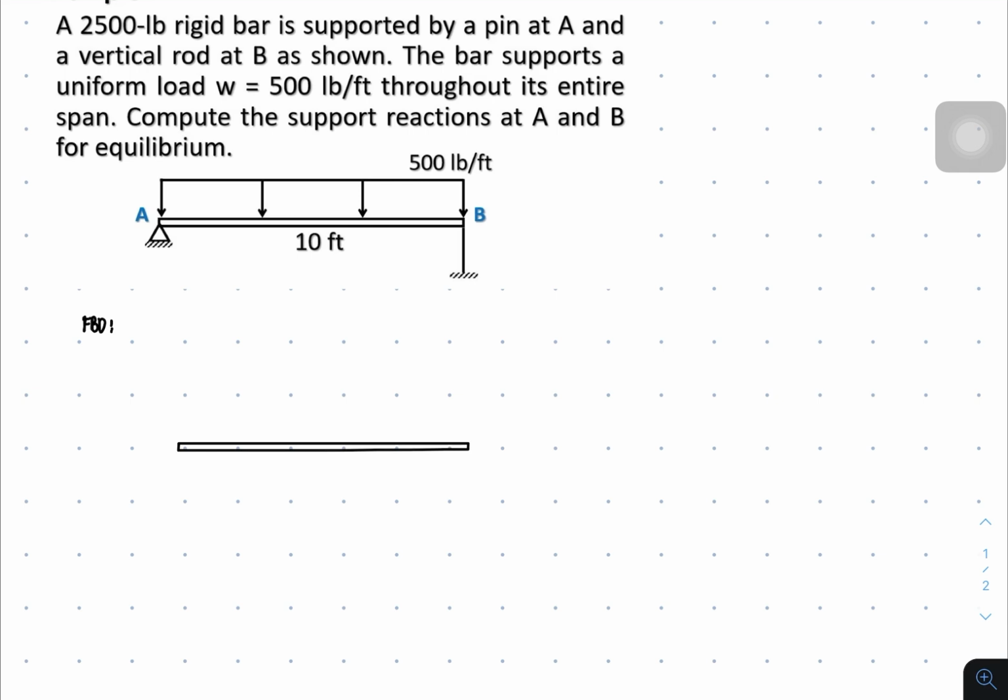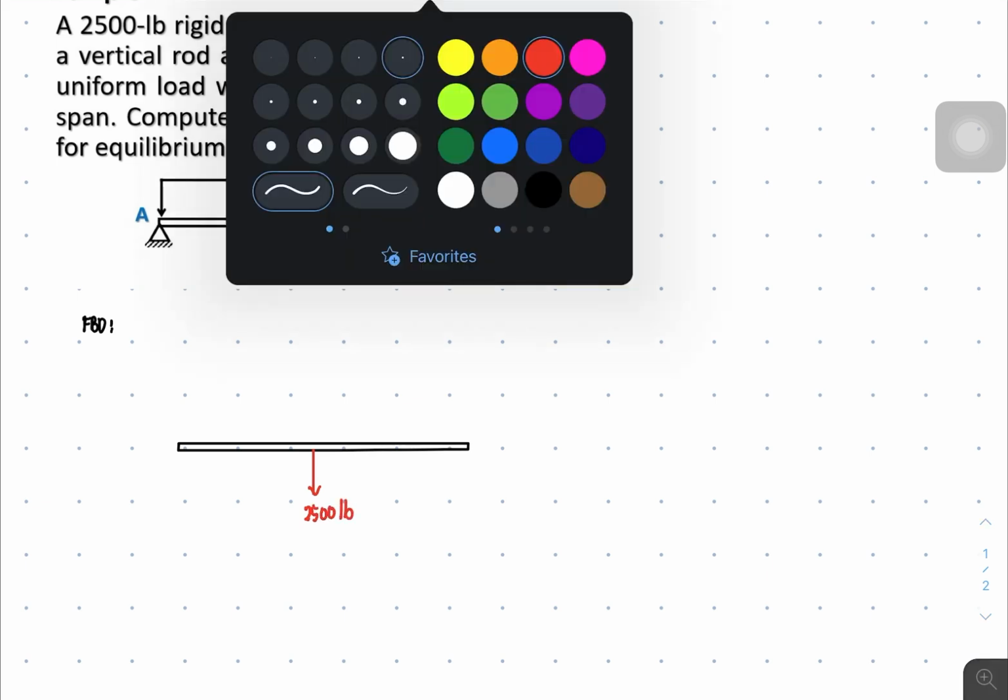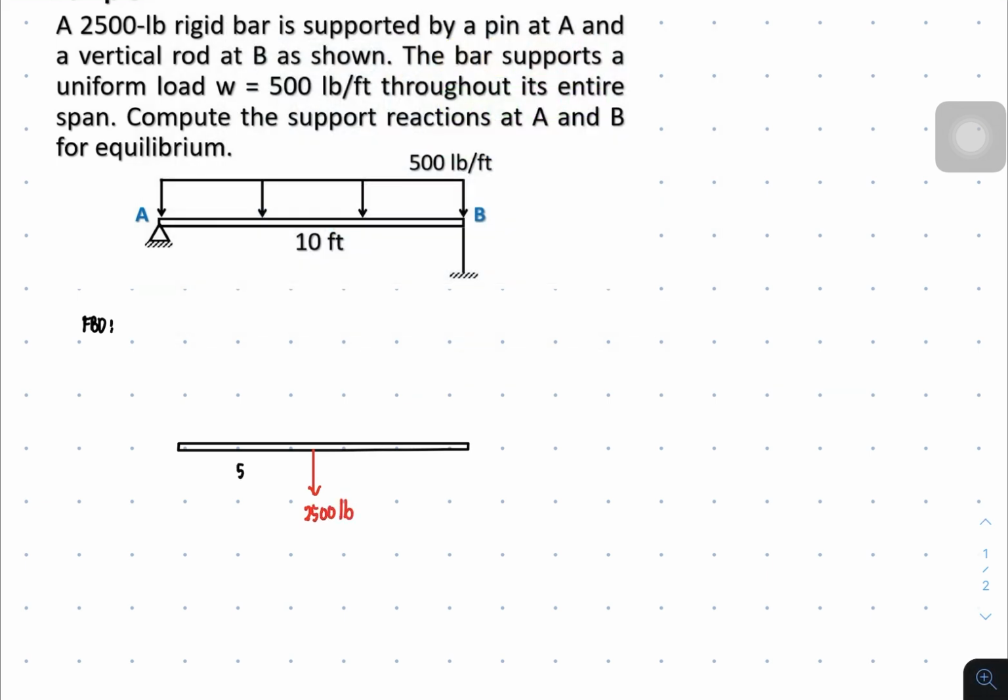So at the middle of this bar, which is 10 feet, it has its own weight of 2,500 pounds, and that's exactly 5 meters on the left side and 5 meters on the right side, because this is a rigid bar with a uniform section.